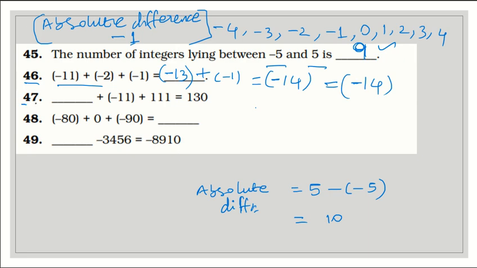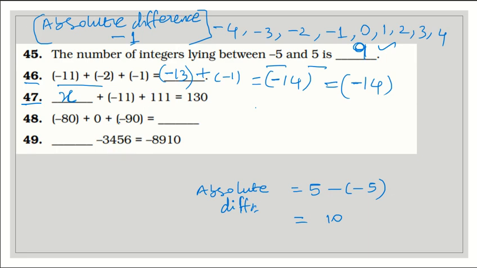Coming to question number 47, dash added to -11 added to 111 equal to 130. See children, if you want to solve this easily, let us take some variable. We do not know what it is. Let us consider some variable.